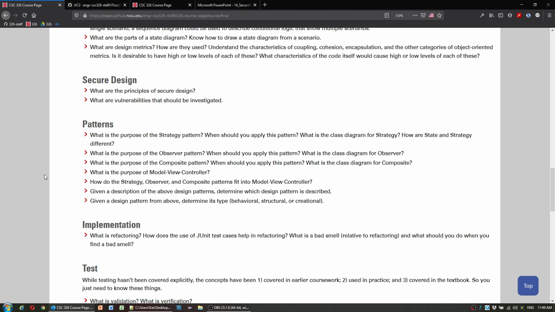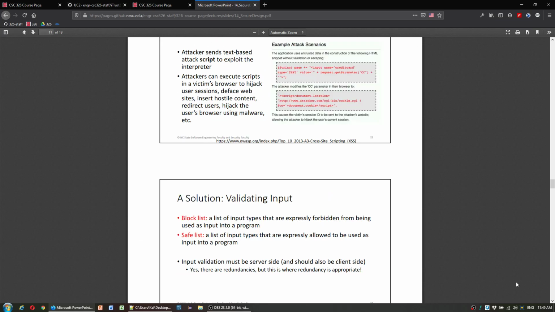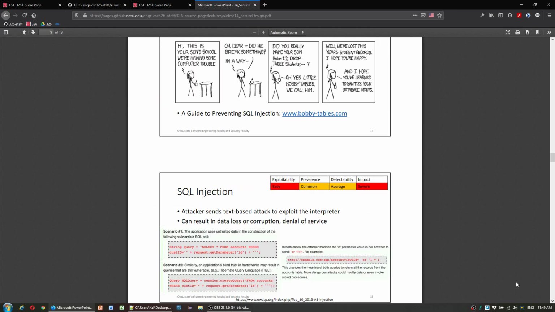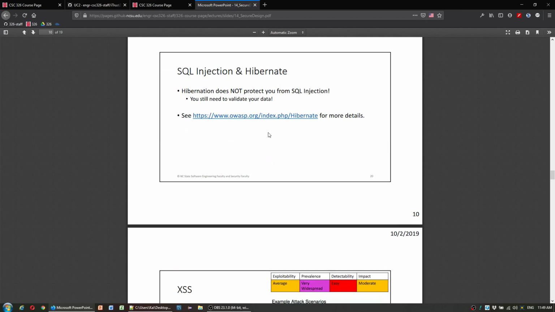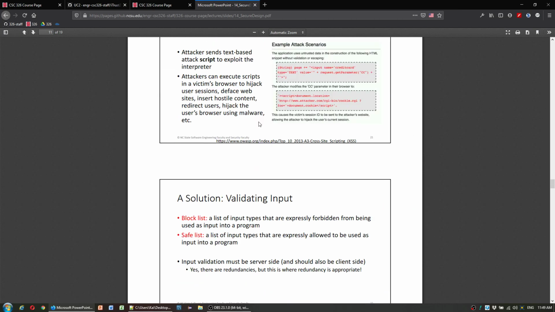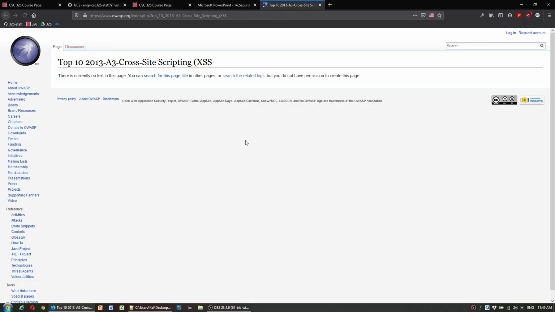All right. What are vulnerabilities that should be investigated? We might have this in this slide deck right here, or we might not. I don't remember. Oh yeah. So this is from the OWASP list of top vulnerabilities within web applications. So let me go pull this up, and then I will quickly run through the list that they have provided.